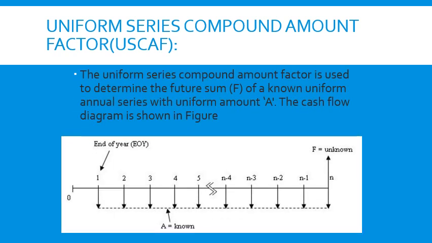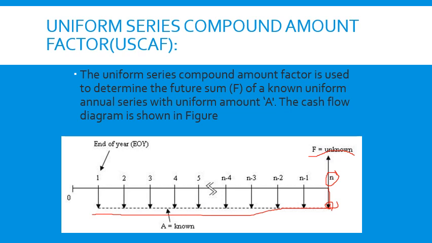The cash flow diagram is as simple as that. Here A is there, and instead of P I am having F here. And what we need to understand here is that F is calculated on the nth year on which the last payment will be made, or the last cash flow will flow on the nth year.